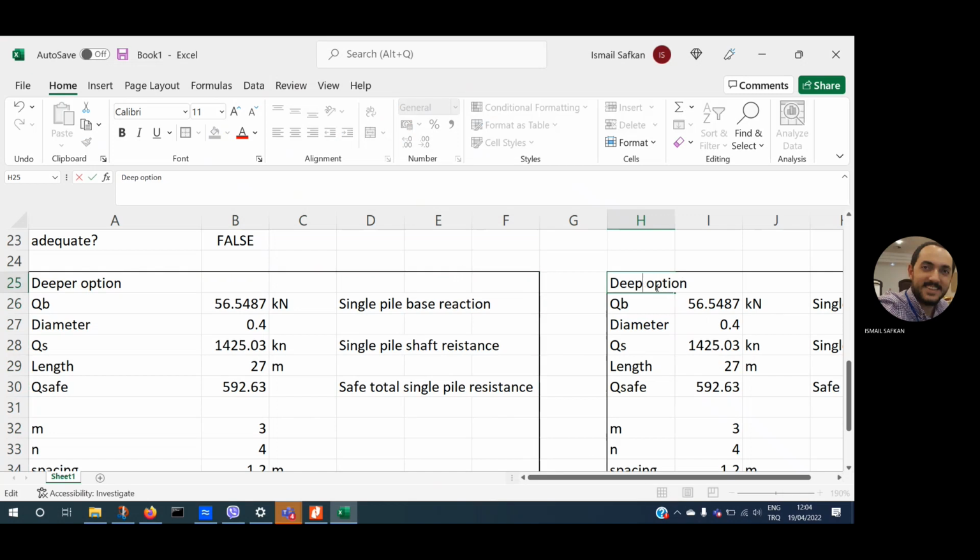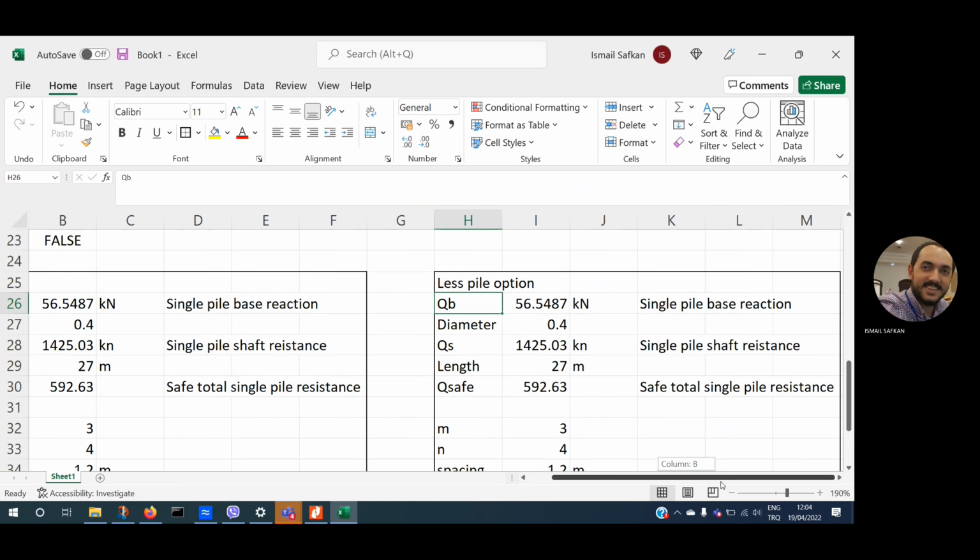Instead, less pile option, not closely attached. Now, a single pile doesn't change so far, but I will keep the minimum first, where we started, the length.